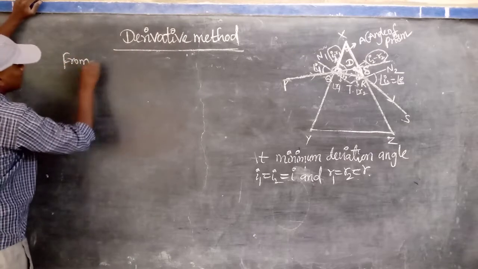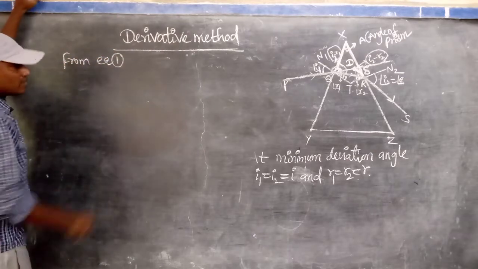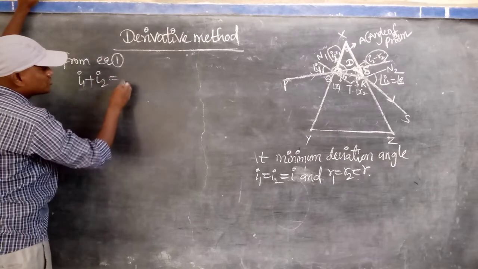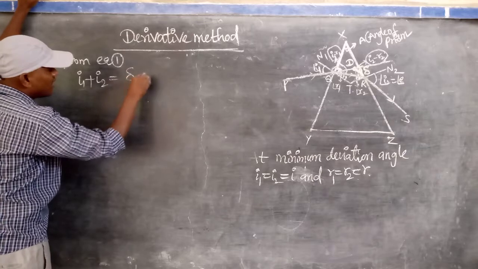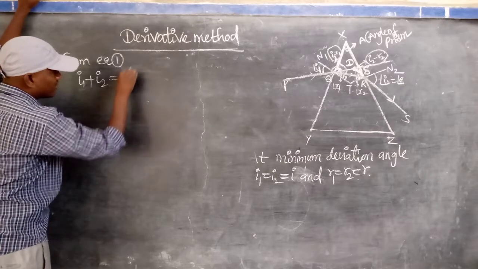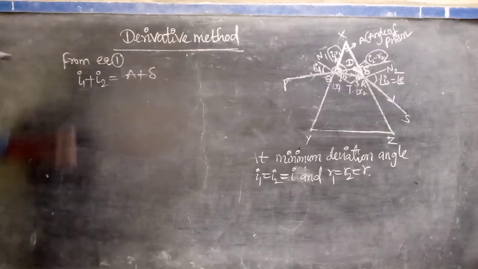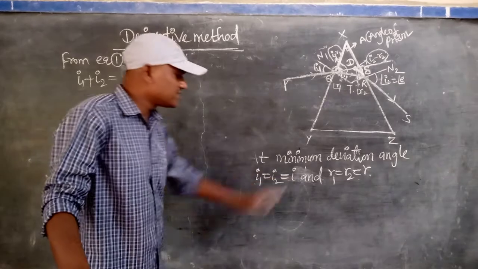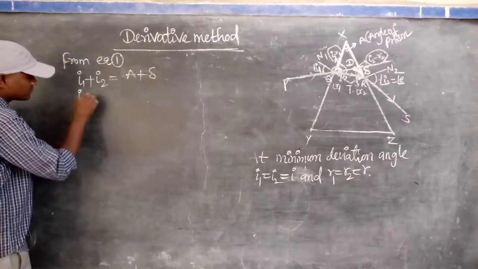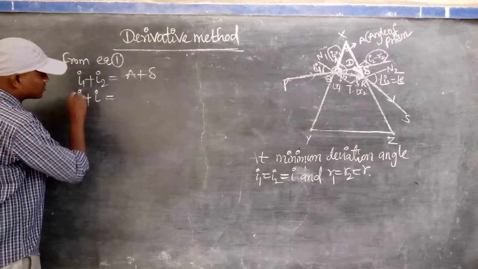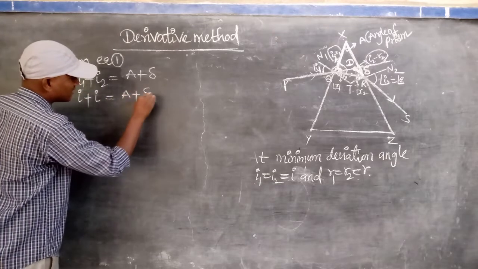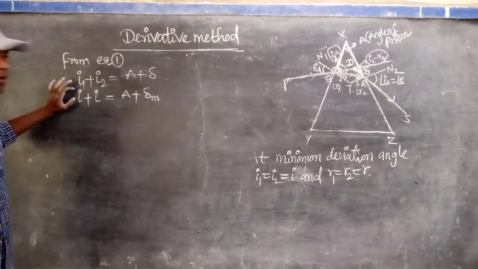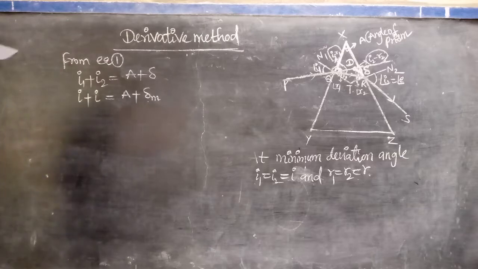So from equation 1, what is equation 1? I1 plus I2 is equal to A plus small delta. We know that. But at the minimum deviation angle, I1 is equal to I2, that is equal to I. That's why I plus I is equal to A plus delta M, because this condition is possible only at the minimum deviation angle.